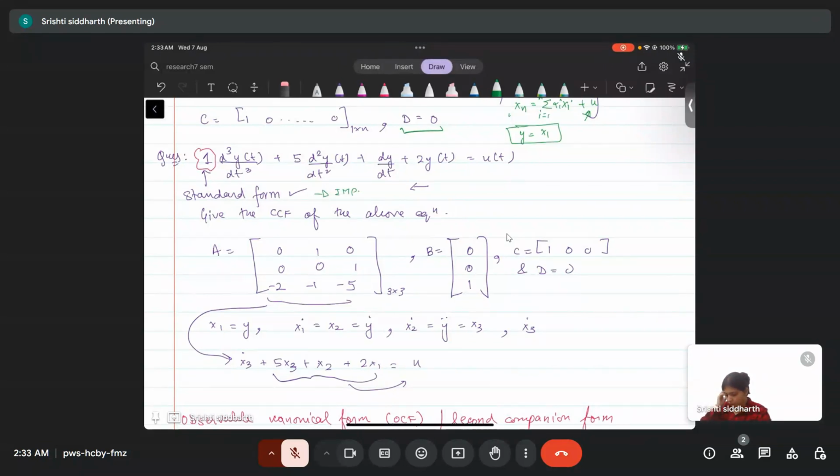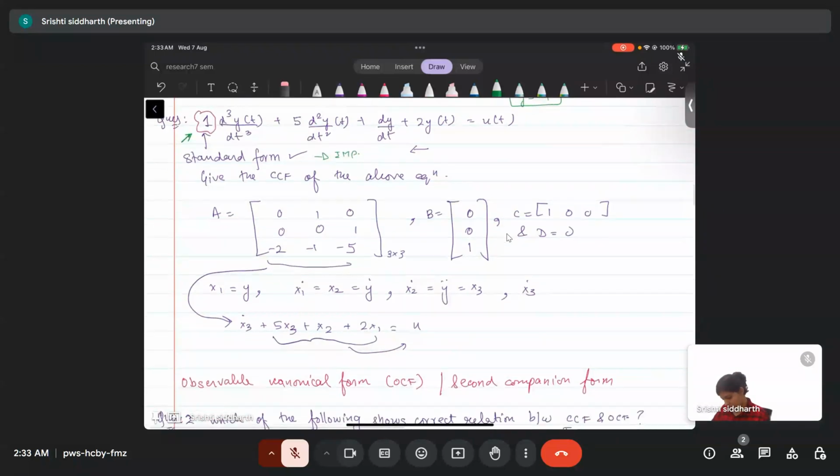So given any differential equation or transfer function that needs to be converted to the state space form, we first need to write it in the standard form. So standard form is that the coefficient of the highest order derivative should be 1. So this was explained in this question, and we formed the CCF for the above equation.